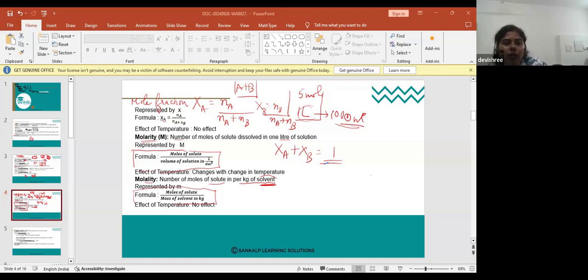Molarity is denoted by capital letter M. First you write the formula along with me: number of moles of solute divided by volume of solution in liter.